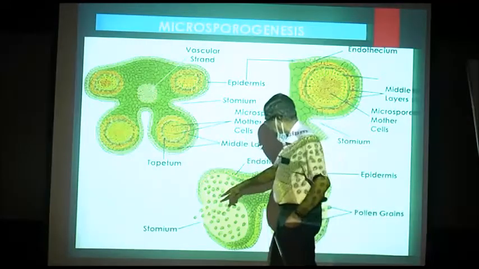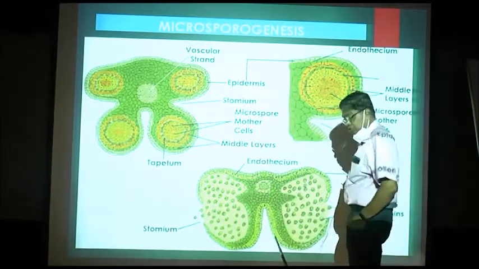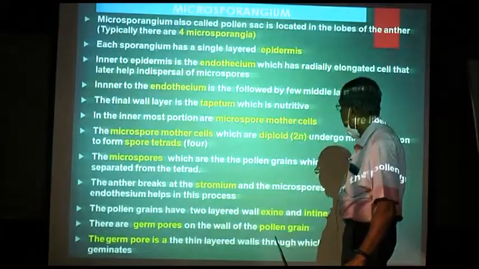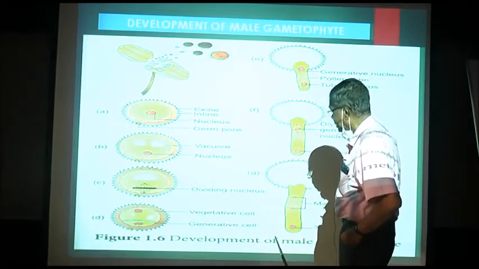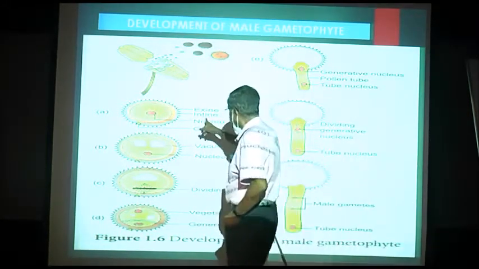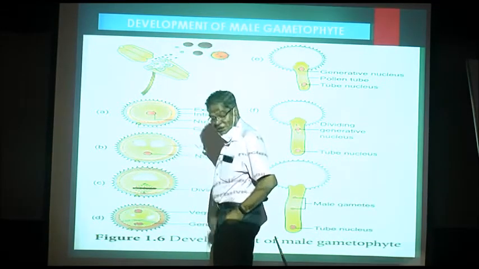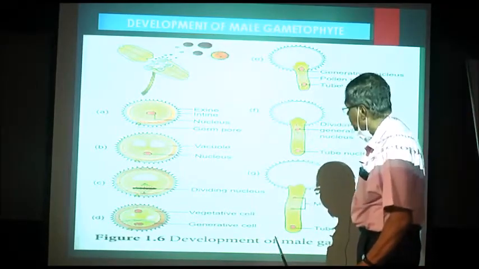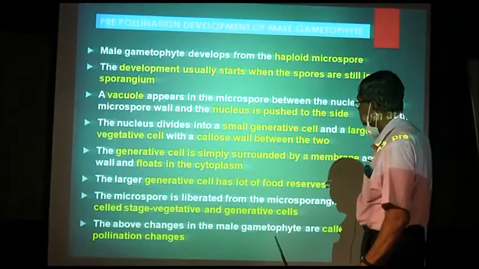Now the anther bursts at the stomium, and the pollen grains are liberated. Now the pollen grain has 2 walls, exine and intine, and there is a nucleus. Let us stop here and go to the female structure. Then we will come back to this.